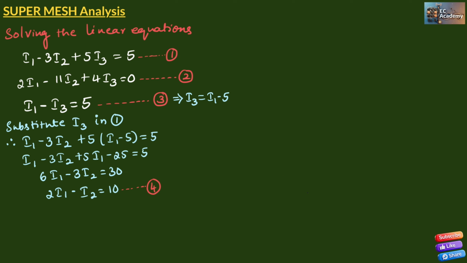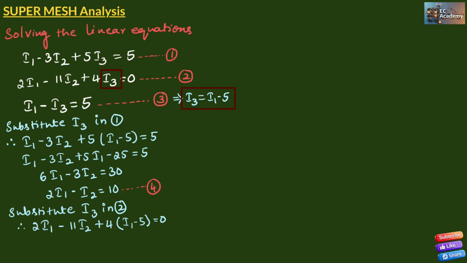Now, let us substitute I3 in equation number 2. Therefore, we can write 2I1 minus 11I2 plus 4, in place of I3 we can write I1 minus 5, is equal to 0.